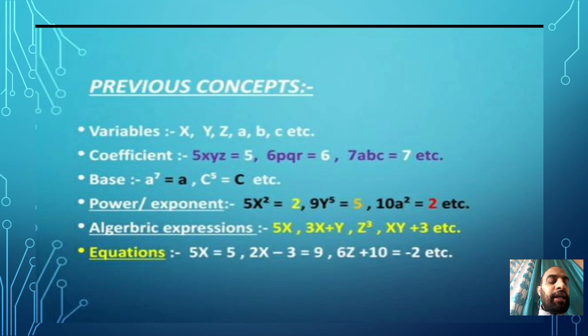Next algebraic expression is 3x plus y, then z cube, and last is xy plus 3, etc. These are all algebraic expressions. After that we have equations. An equation means having an equal to sign, and we write something on both sides, left hand side as well as right hand side. So here we have 5x equals 5, 2x minus 3 equals 9, 6z plus 10 equals minus 2. Such equations we studied in class 8.